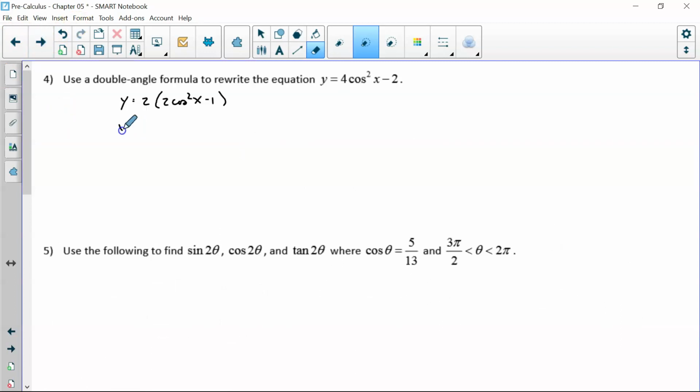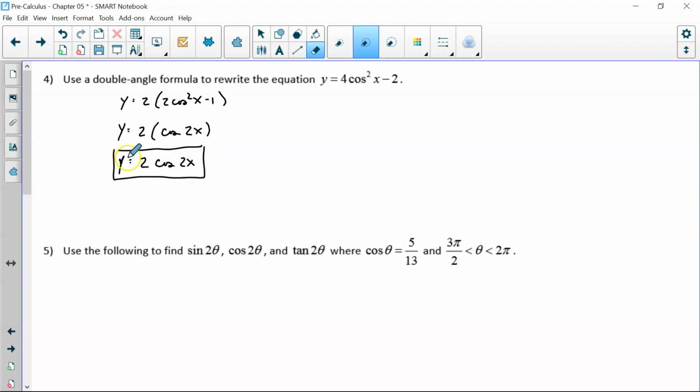So what we can do is y equals 2, and now instead of writing 2 cosine squared x minus 1, that's the same as the cosine of 2x. So y would equal 2 cosine 2x. That's rewritten using the double angle formula.